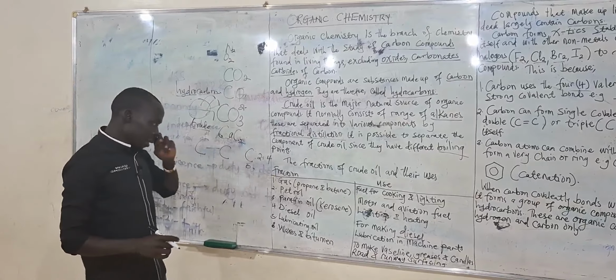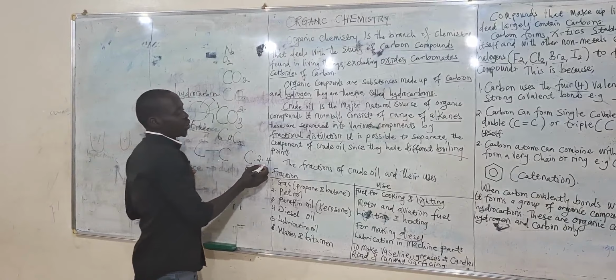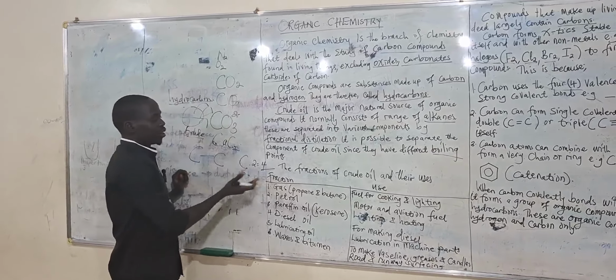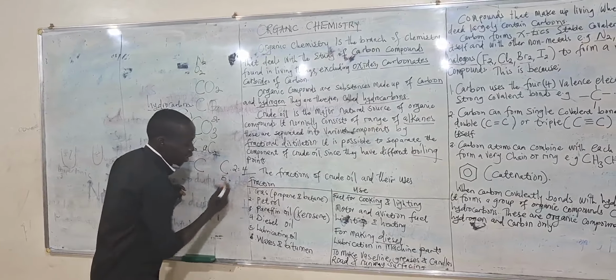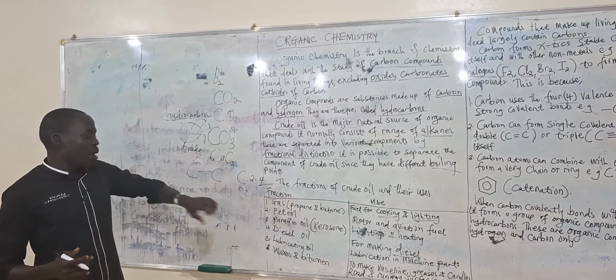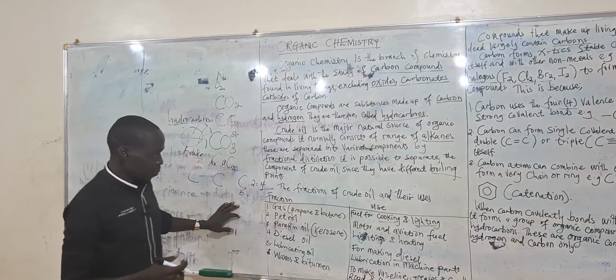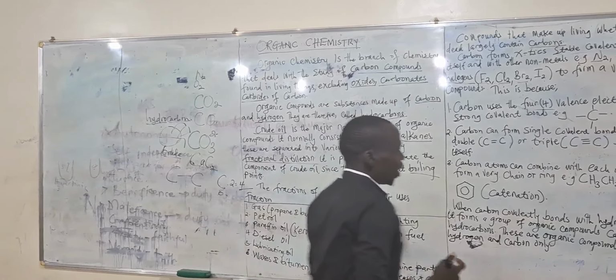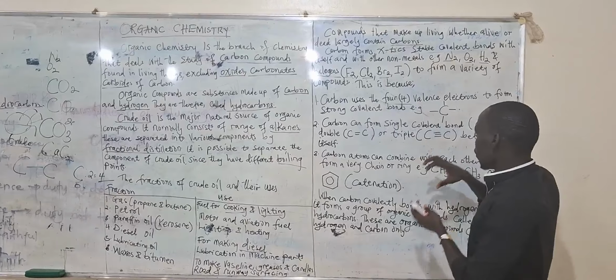Therefore, for carbon to gain stability, it is either going to lose these 4 electrons, or gain 4 more electrons to make it 8, so that it will have a stable electronic configuration. But in most cases, these 4 are given out. And these become the valence electrons we are talking about, to form what we call strong covalent bonds.